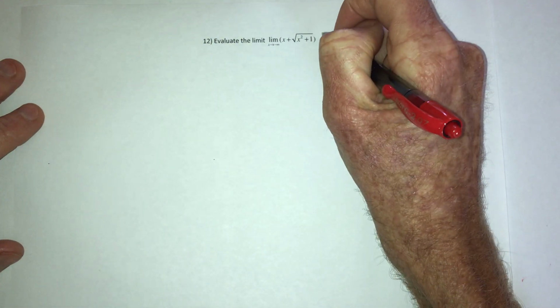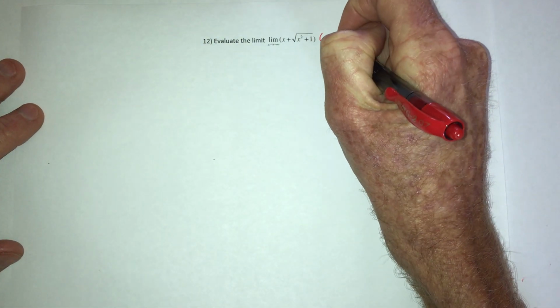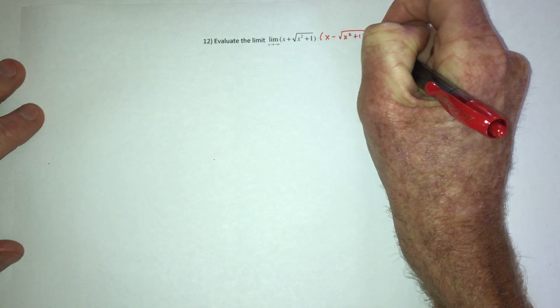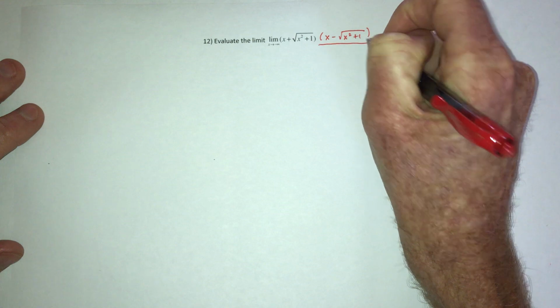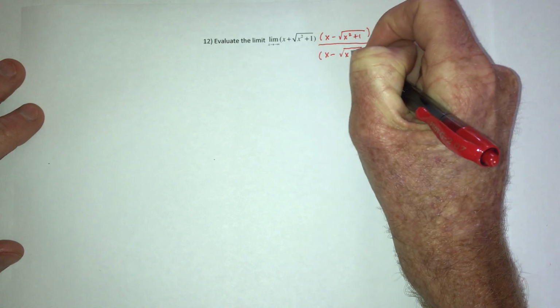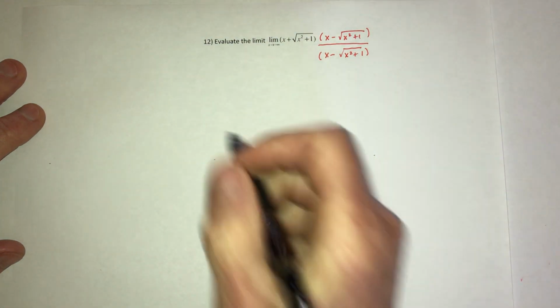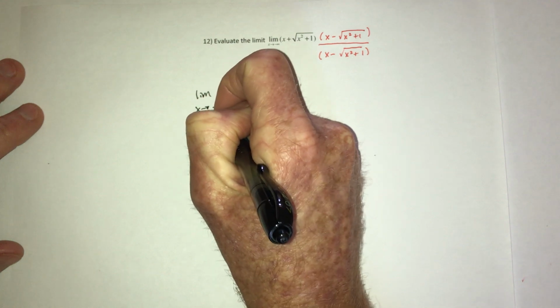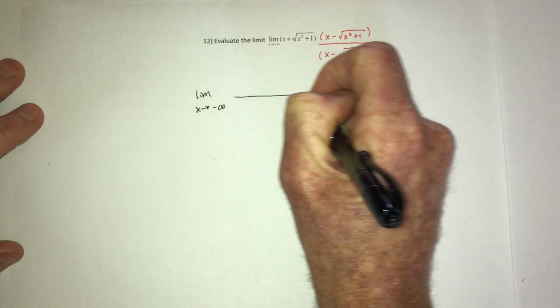And so multiply by the conjugate. And if you multiply on the top, you have to multiply on the bottom. So this is going to be the limit as x approaches negative infinity.